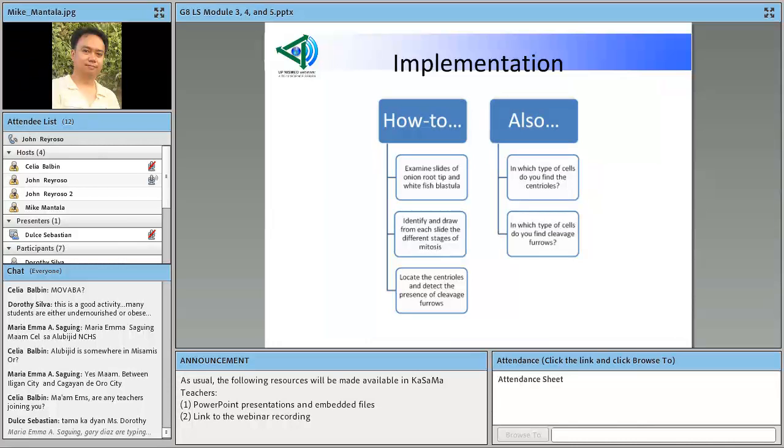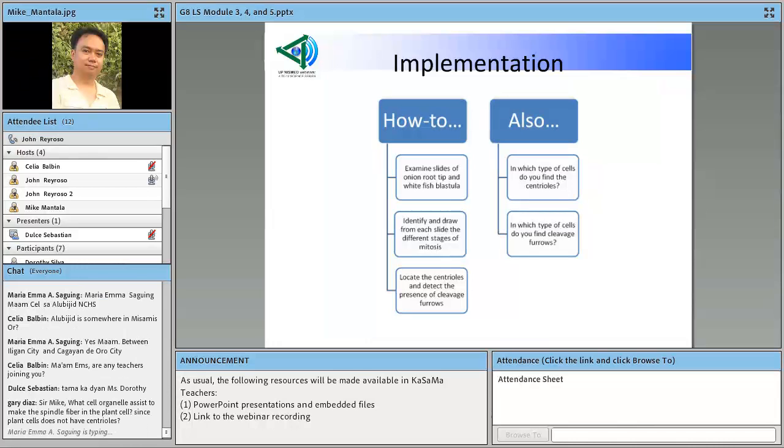Okay? So, you have onion root tip representing plant mitosis and whitefish blastula representing animal mitosis. And then identify and draw from each slide the different stages of mitosis. Okay, locate the centrioles and detect the presence of cleavage furrows.